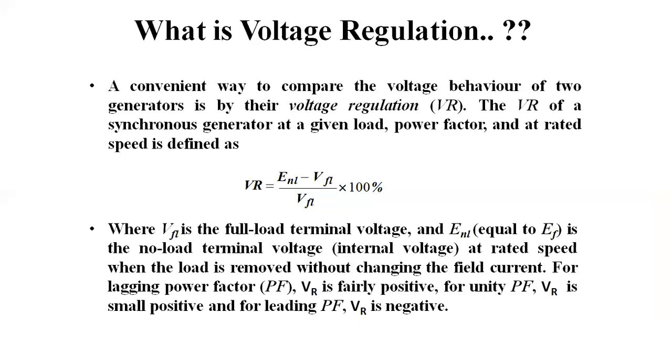For unity power factor, VR is small positive, and for lagging power factor, VR is positive, but for leading power factor, VR is negative. Clear? We have already understood the various factors affecting the terminal voltage of the alternator.